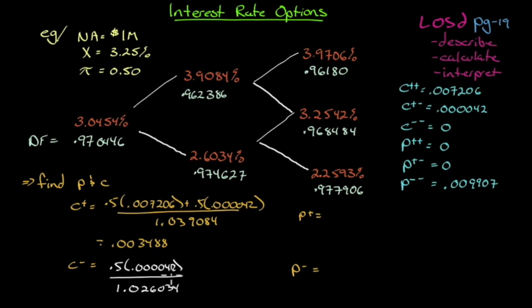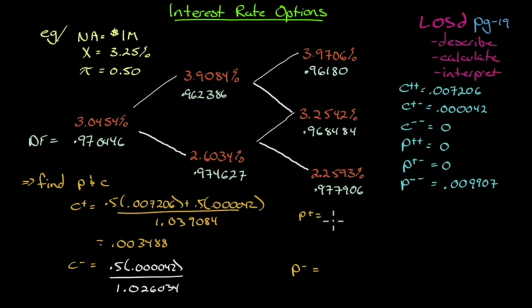Previously, when we were doing equities, we had one rate, and we would discount C plus, C minus, P plus, P minus by the same rate. But here, because we're pricing out the call back here, this is the rate at the beginning of the term, this is the rate we would discount it at. Whereas down here, this is the rate we would discount it at. So the denominator changes, depending on what leg we're on.